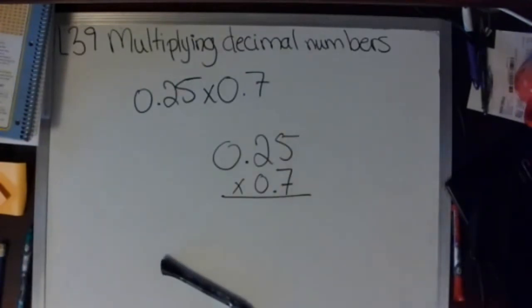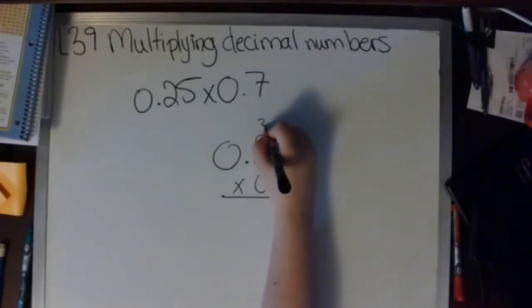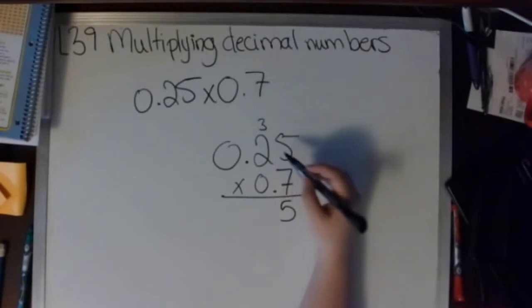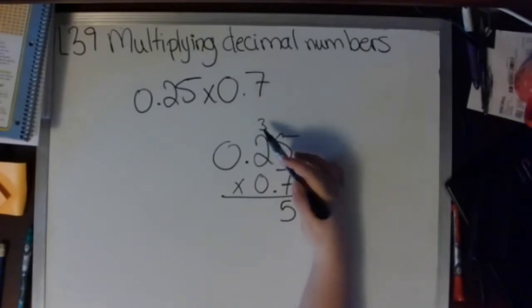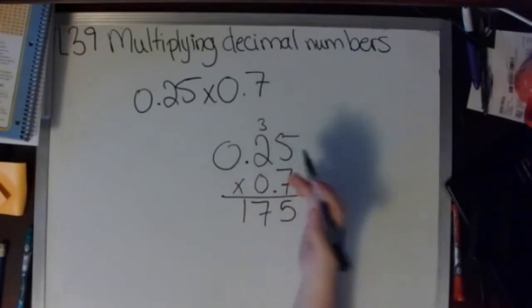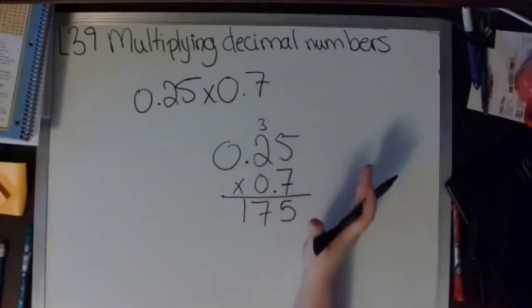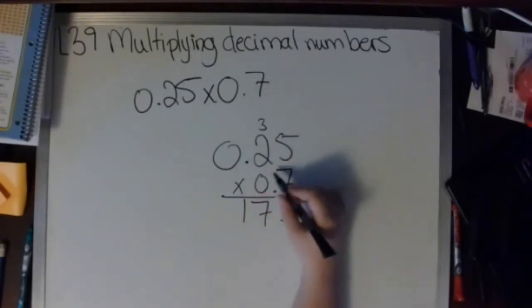Okay, and you're going to do your multiplication. 7 times 5 is 35. Carry the 3. 7 times 2 is 14, plus 3 is 17. And we're going to put 17 down here because 7 times 0 is just 0. There's no point in doing this 0 because it's just a bunch of zeros. Okay, so that's all we need to do.